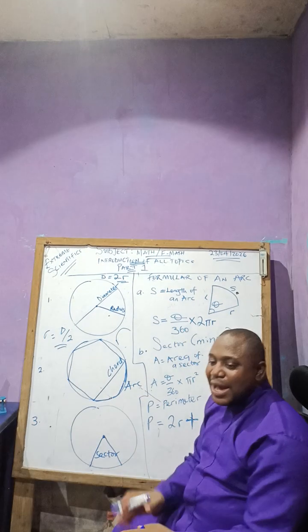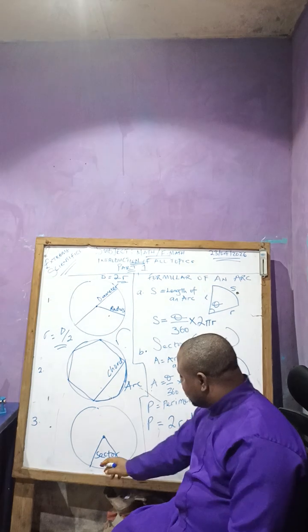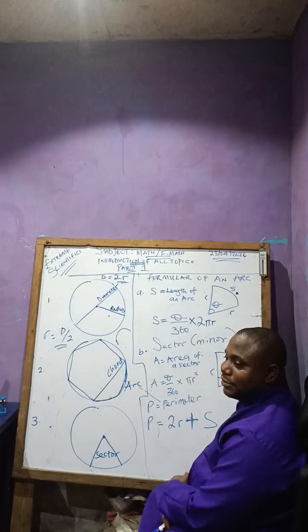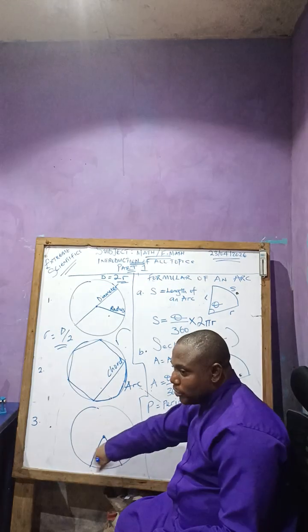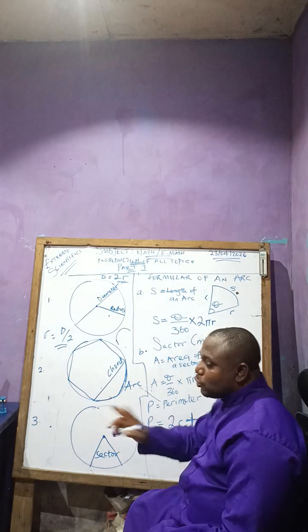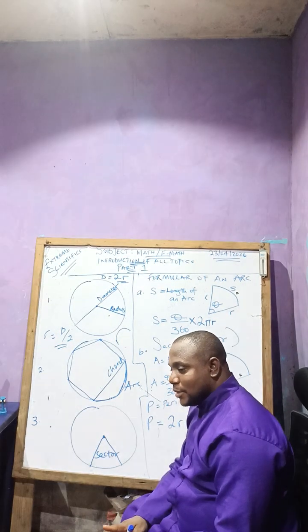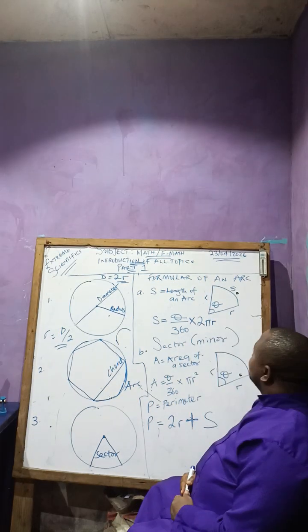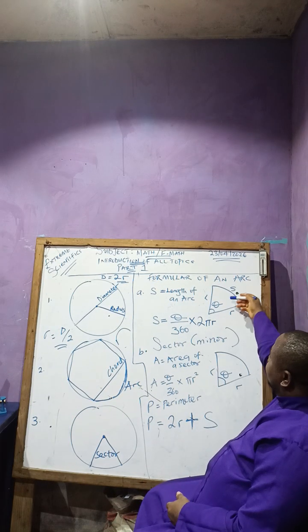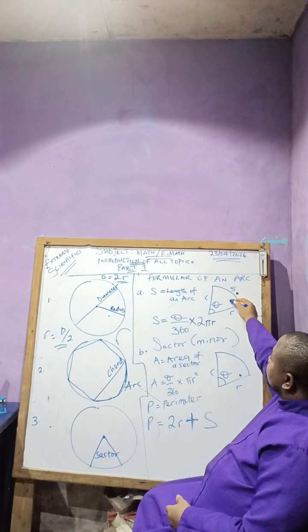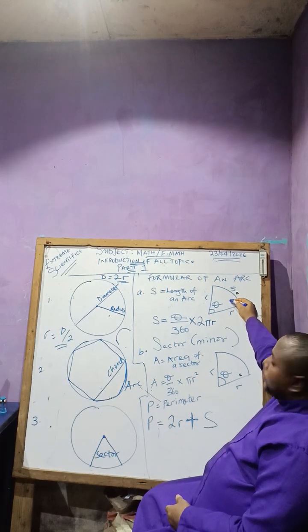We form an angle, and we derive the sector from there. It has no chord. It only has 2 radii. Now when we want to use the formula, you can see I drew it out. This is the sector.